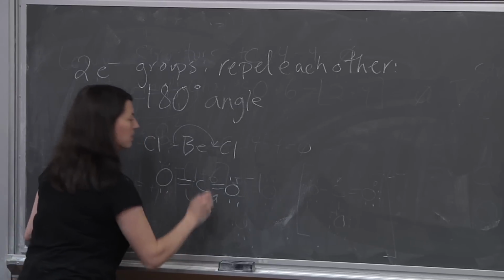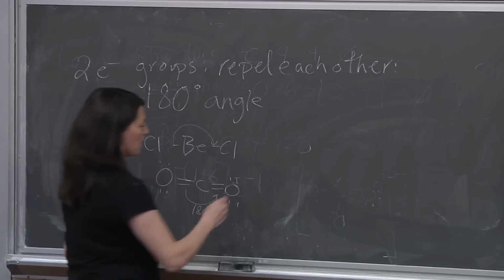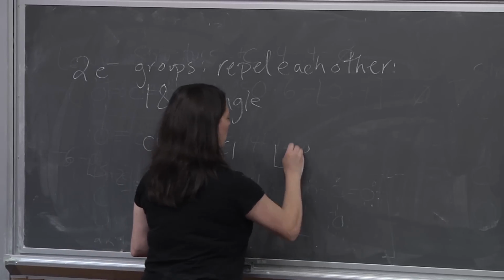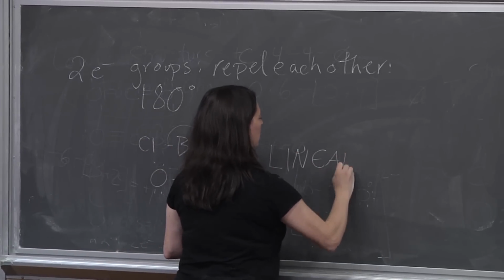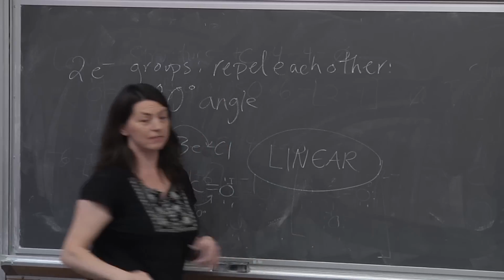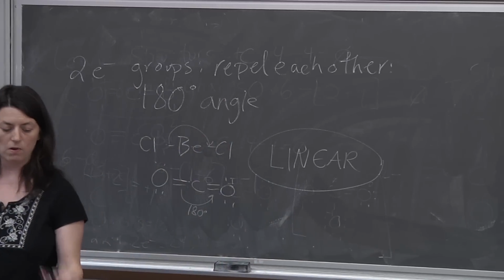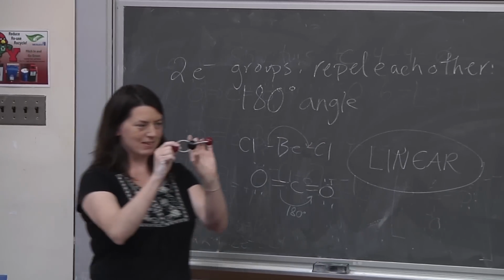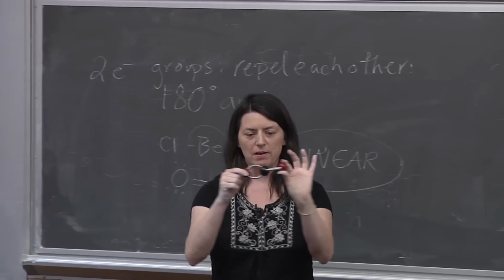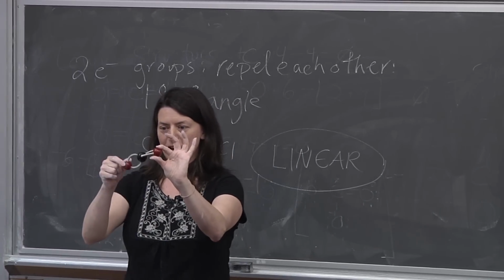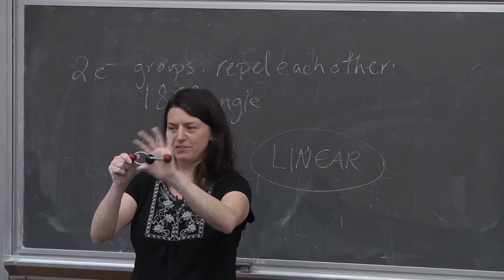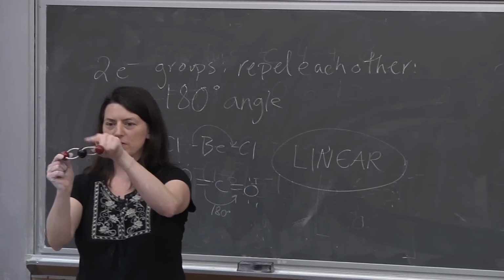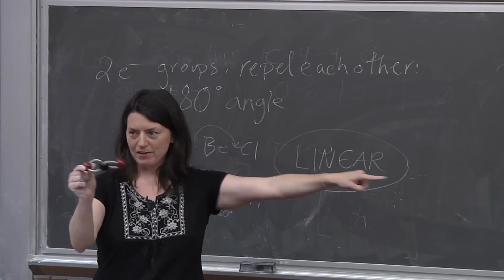Now, the name of this shape is linear. So this is a model of carbon dioxide. Carbon's black, oxygen's red. So you see that it is a straight line. It doesn't matter what the double bonds look like. We're just looking at the O to the C to the O. That's a straight line.